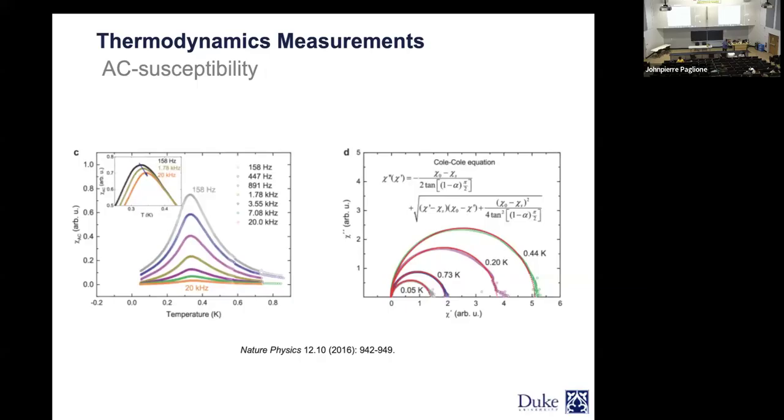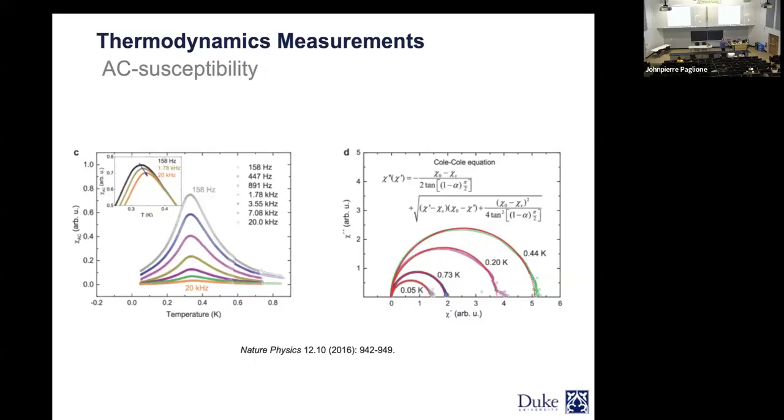Here you're looking at the data plotted as the real part of the AC susceptibility against the imaginary part. Through this Cole-Cole plot, you would be able to fit the data that you have collected at different temperatures. Okay? If you fit this data, there is a component alpha that comes out of this equation.